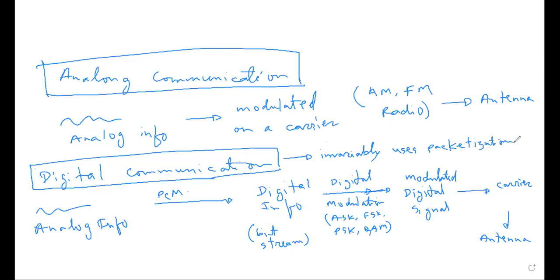You consider that from this bit to this bit position forms one packet, and the next bit will belong to the next packet. Another packet starts and stops somewhere. So you always have some packetization concept. Packets are sent one after another, and different packets may be treated differently on the way. That is the key advantage in digital communication, that you handle different packets.